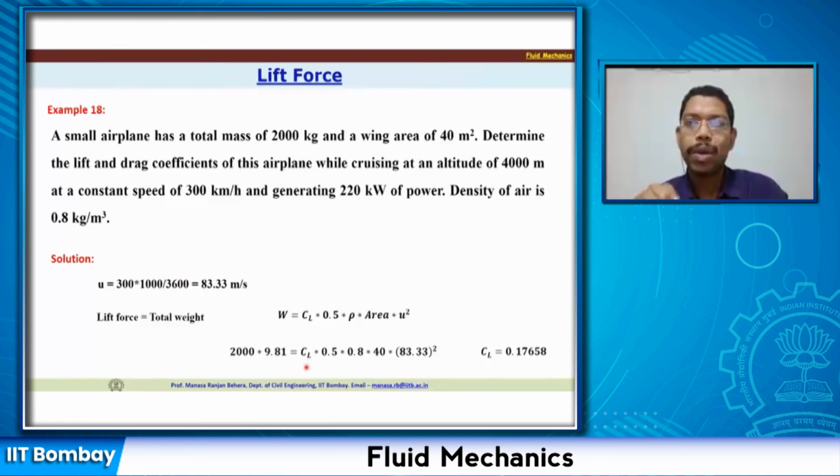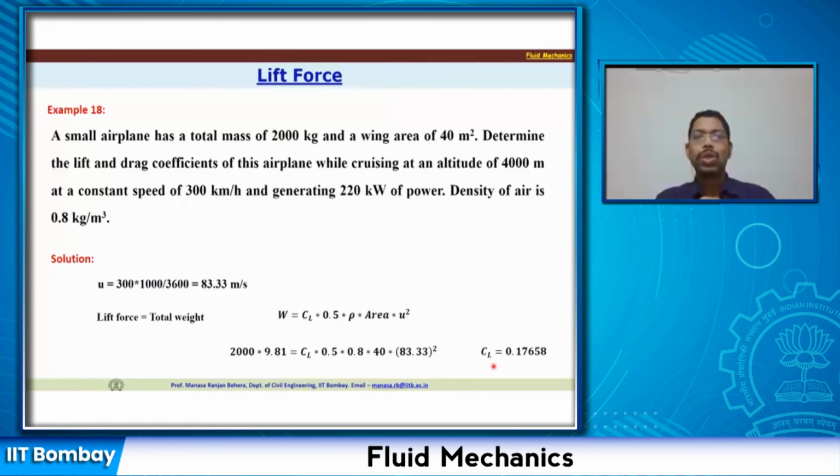Now I want to calculate the drag force and drag coefficient. We have already calculated the lift coefficient. The question was asking us to determine the lift and drag coefficients, so we have got the lift coefficient. To find out the drag coefficient, what do I need to do? I need to find out the forward motion and the resistance.